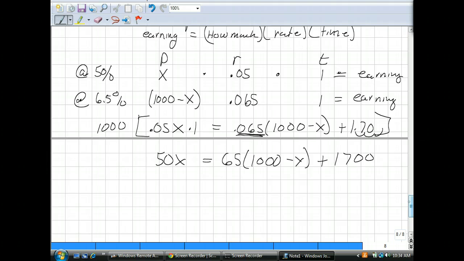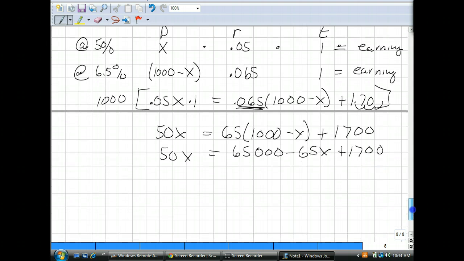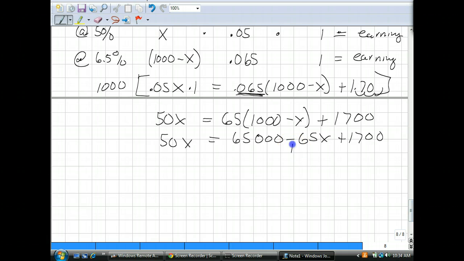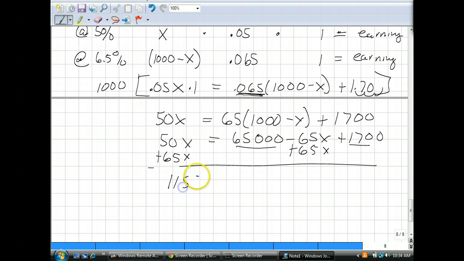Then distribute the 65, so I have 50x equals 65,000 minus 65x plus 1,700. Add 65x to both sides. And I'm going to add this to this, so I'm going to get 115x equals 66,700. Now divide by 115.